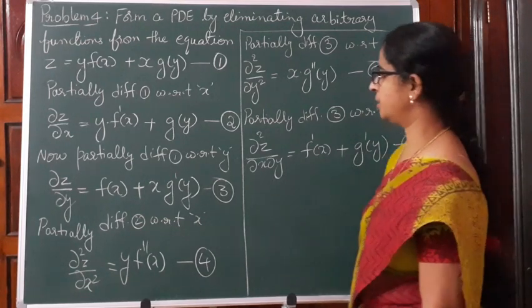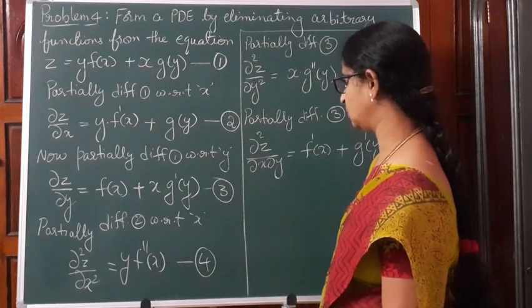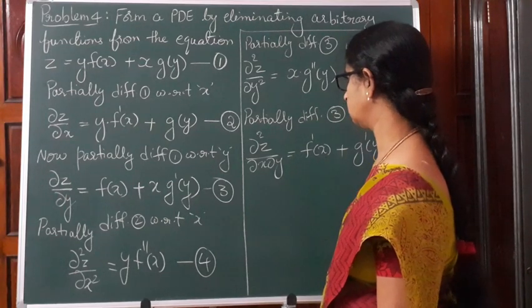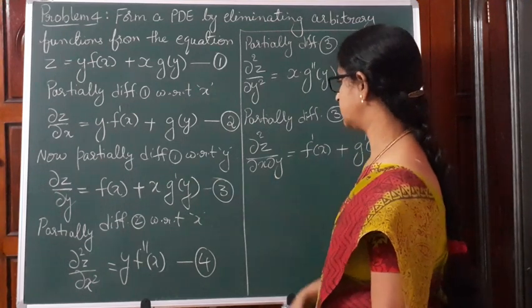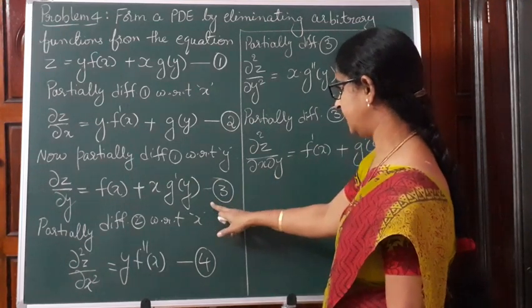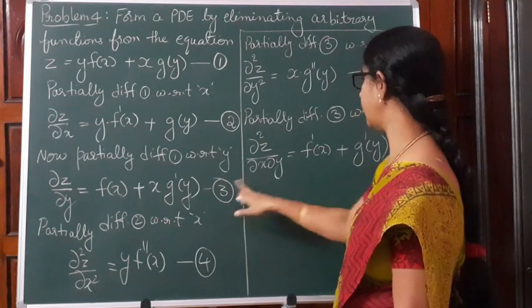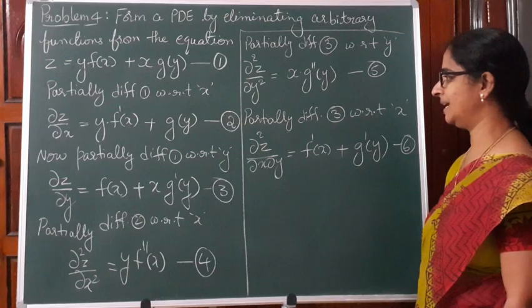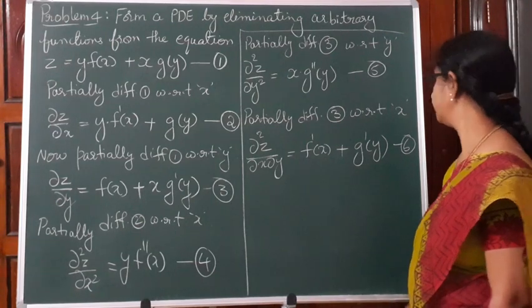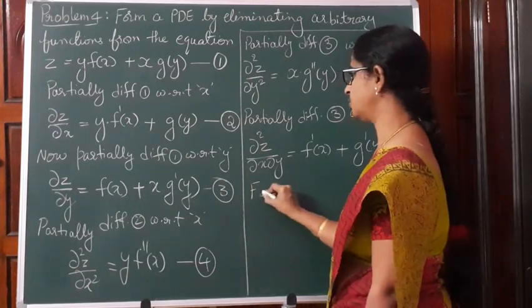Okay, from equation 2, we can find f'(x), and from equation 3 we find g'(y), and we substitute here and check whether we can eliminate f and g from equations 2 and 3.